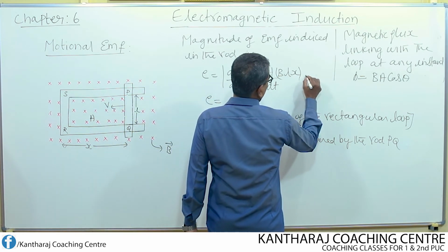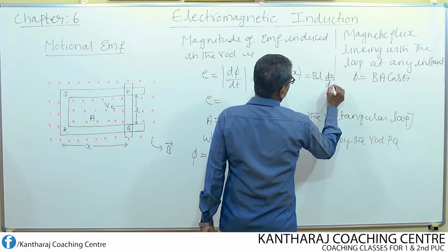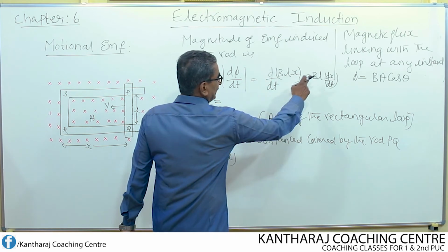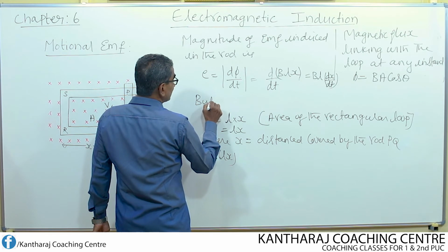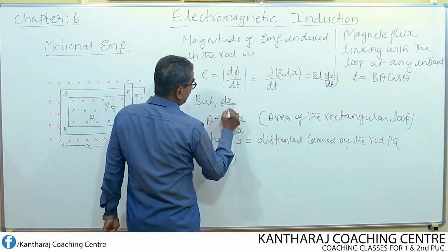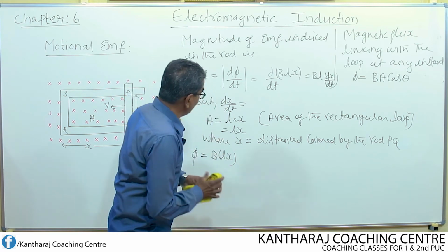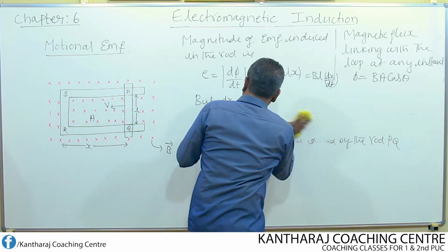If I take B and L outside, it will be dx by dt. But what is dx by dt? It is the rate of change of displacement, which is nothing but velocity.